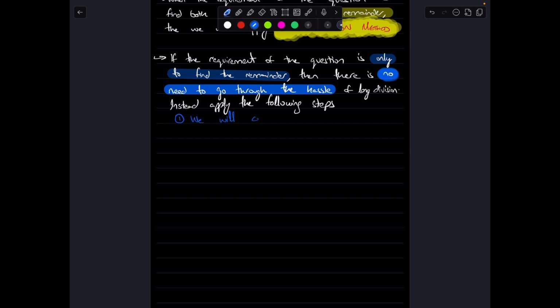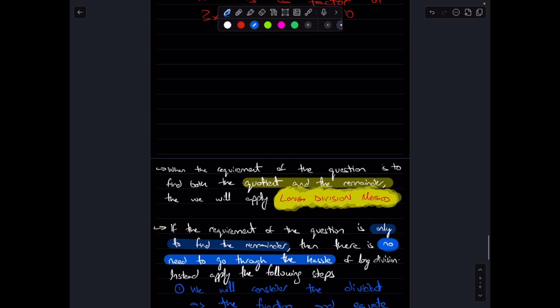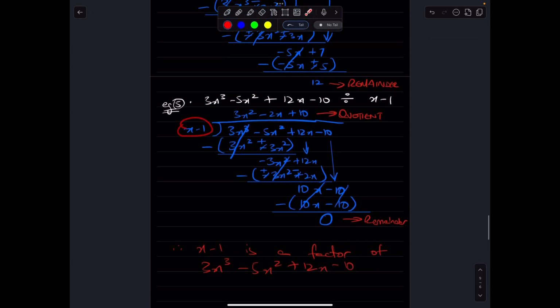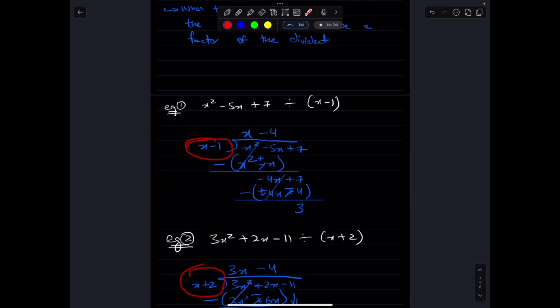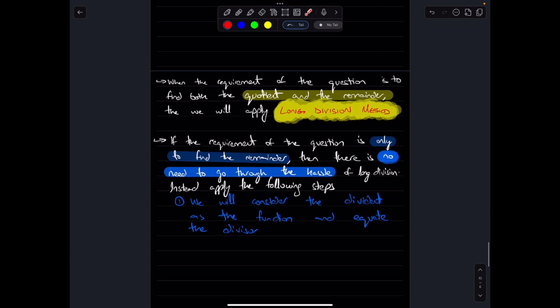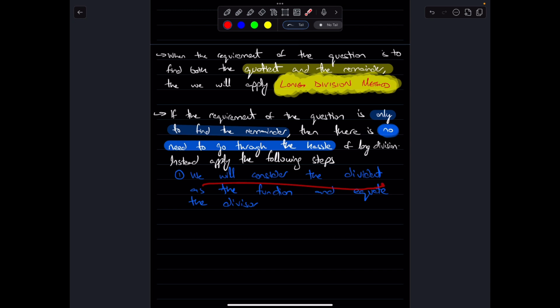we will consider the dividend, the number which is divided, as the function, and equate the divisor, the number which divides, to 0. In the earlier examples the divisors were x minus 1, x plus 1, x minus 2, x plus 2, and x minus 2. These are divisors. So we will consider the dividend as the function and equate the divisor to 0.